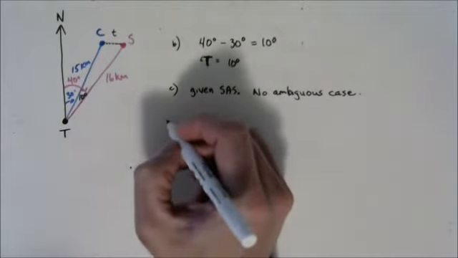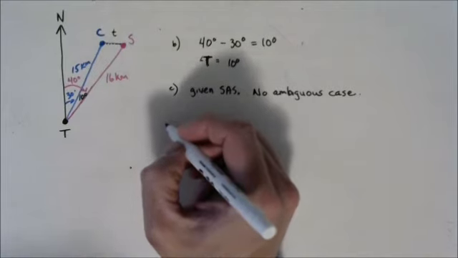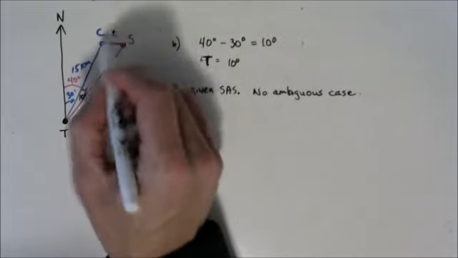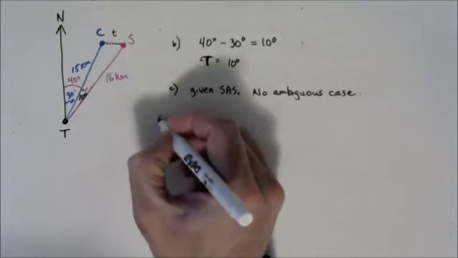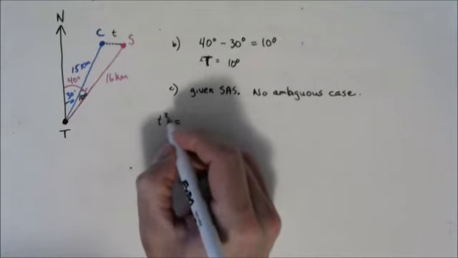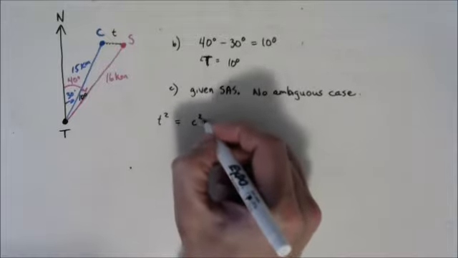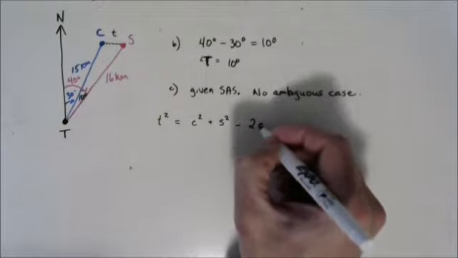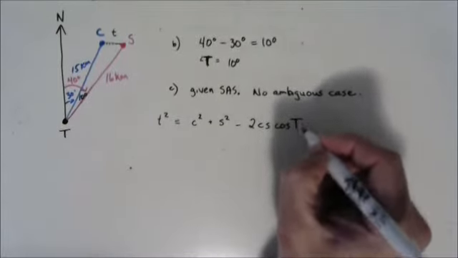Here we go. We're going to be using T squared, or you could use D squared for the distance between them. But at any rate, cosine law says one side length squared is equal to the other two side lengths squared minus 2 times the other two side lengths times the cosine of the opposite angle.